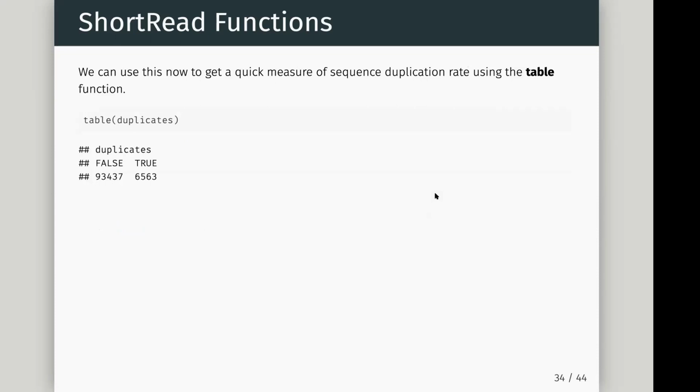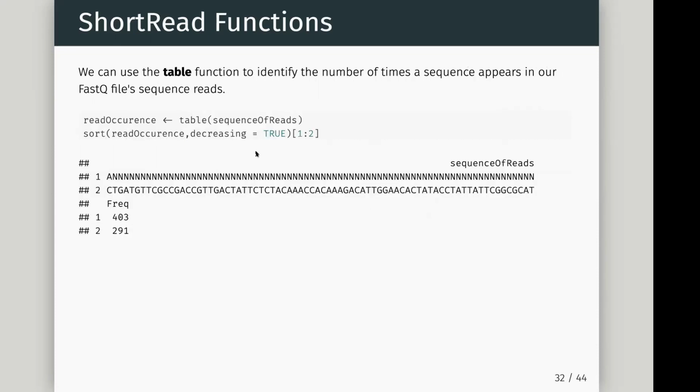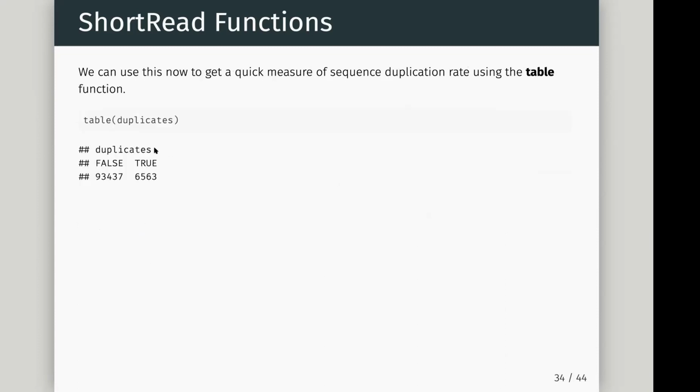With the table we used before, it tells us the most common sequence for a read. But now if we use our duplicates with this table, it's going to tell us how much of our total reads were duplicates, that's the true, and how many were unique sequences.